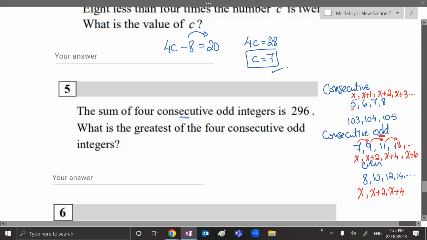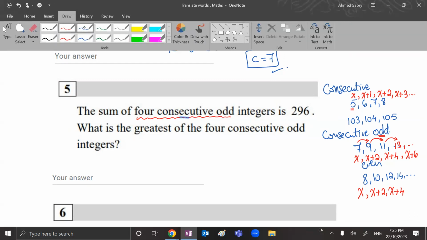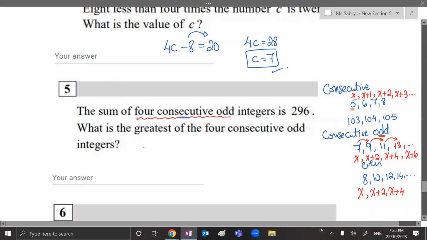How is this applied in this question? They're saying the sum of 4 consecutive odd integers. Because I don't know what they are, I can assume the first one is x, the second is x plus 2, the third is x plus 4, and the fourth is x plus 6. They said that the sum of all of those equals 296.